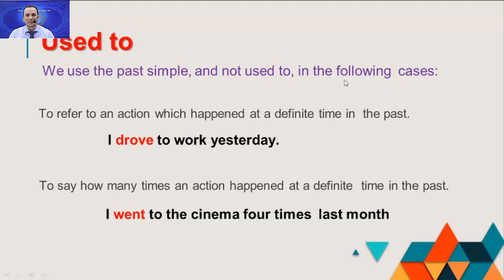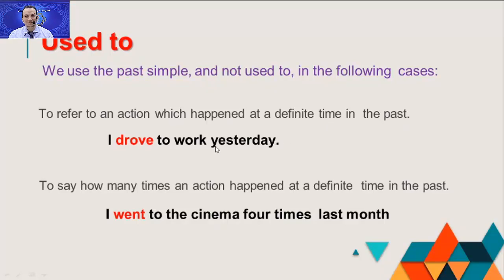Of course, we can also use past simple and not used to in some special cases, as many students confuse past simple and used to. So we are going to clarify the big difference. We use past simple to refer to an action which happened at a definite time in the past.